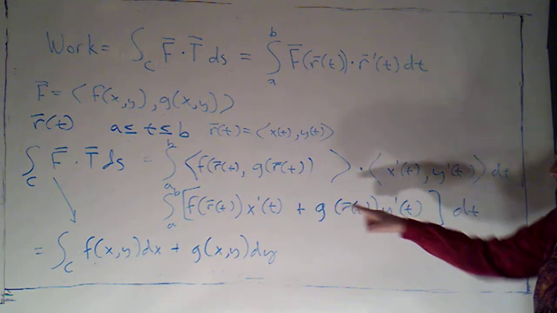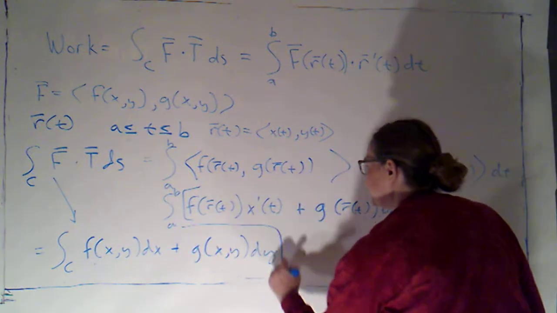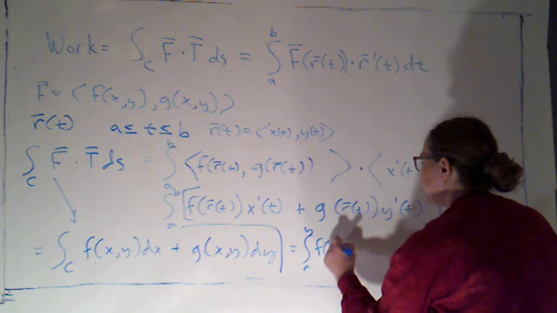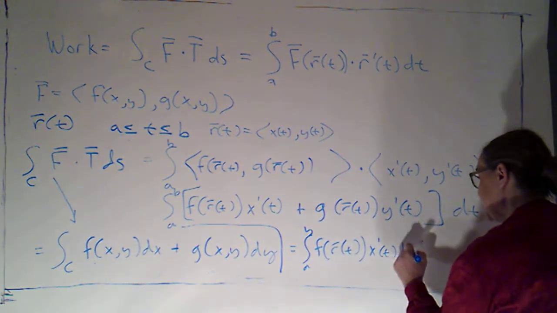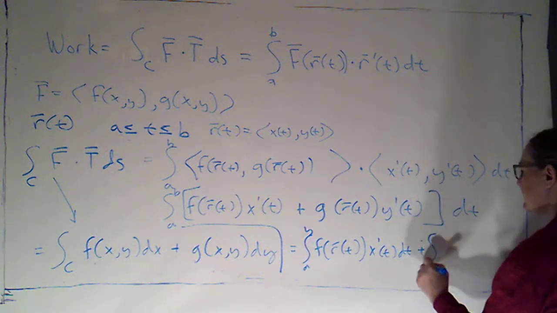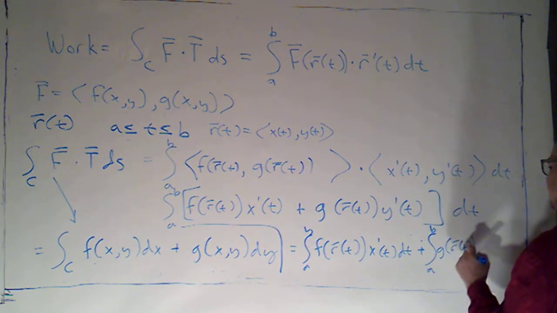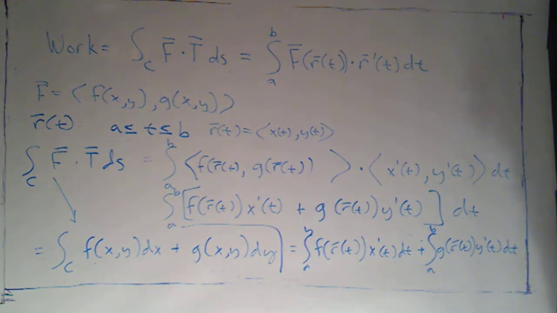But notice I could break that up into two integrals if I wanted to, and I could say this is the integral from a to b of f of r of t times x prime of t dt, plus the integral from a to b of g of r of t times y prime of t dt.